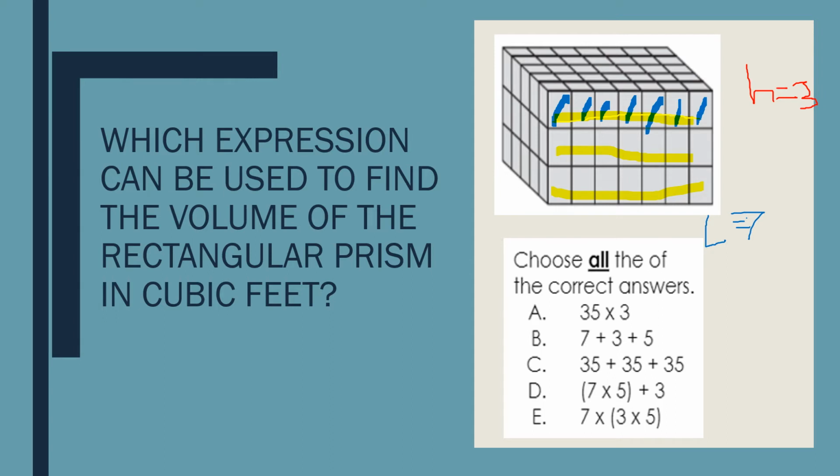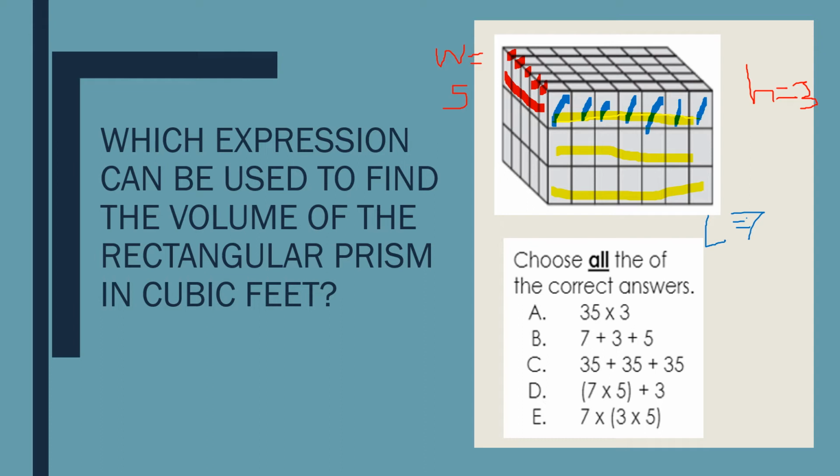So now let's look at our width. We're going to be looking at the number of cubes on this side. So let's look. I have 1, 2, 3, 4, 5. So therefore, my width equals 5.